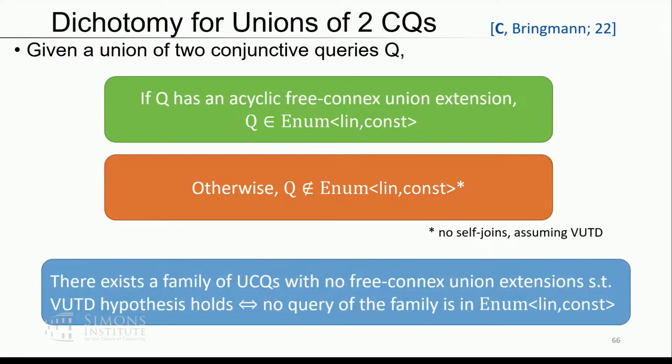And I say had to use because we show that it's unavoidable if we want to classify all UCQs. Because what we show is, if vertex unbalanced triangle detection holds, we have a dichotomy. But if it doesn't hold, then we get an algorithm for some UCQ, union of conjunctive queries, that we don't currently know of an algorithm for.